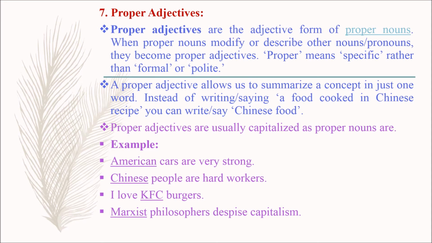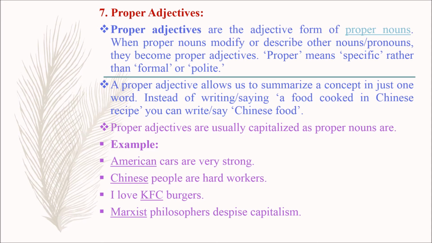A proper adjective allows us to summarize a concept in just one word. Instead of writing or saying a food cooked in Chinese recipe, you can write or say Chinese food.